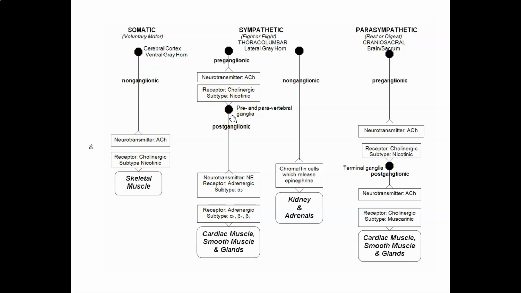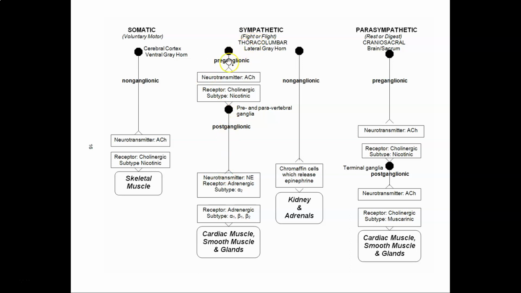A ganglion is a collection of cell bodies in the peripheral nervous system. So the synapse releases acetylcholine to cholinergic receptors that happen to be nicotinic. The second fiber is called the postganglionic fiber.